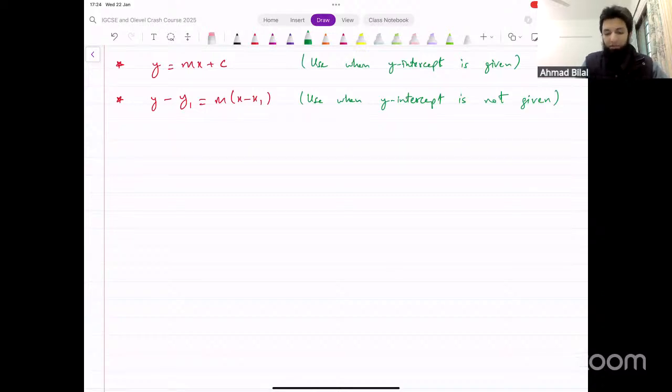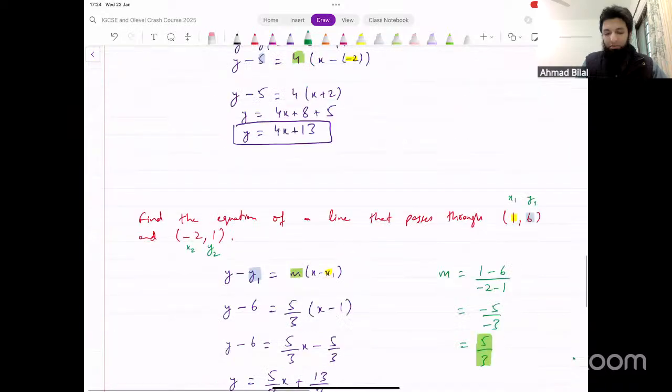So the takeaway is that you remember each of these two forms, use the first one when the y-intercept is given, and use the second form when the y-intercept is not given. So that's how we find equations of lines.